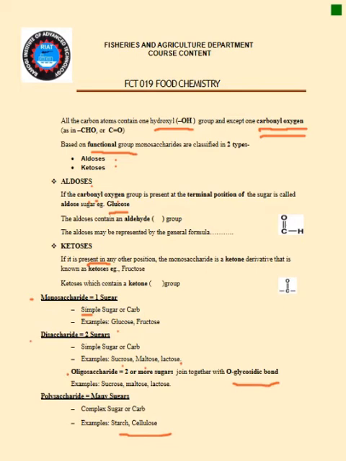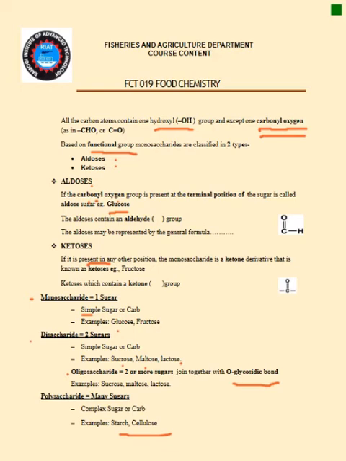If the carbonyl group is attached at any other part apart from the far end, in any other position of the monosaccharide, then we say it is a ketose. So what is the difference between aldoses and ketoses? In aldoses, the carbonyl group is present at the terminal of the sugar, while in ketoses, the carbonyl group is present at any other part of the sugar apart from the terminal end.